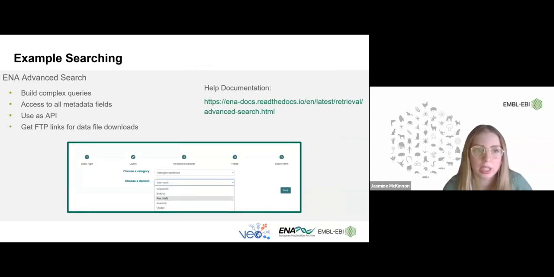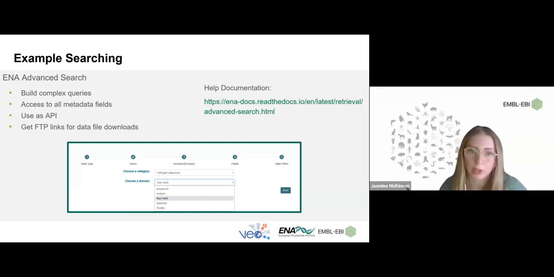And the ENA Advanced Search you can also use. Some of you might be familiar with this before. It existed before the Pathogens Portal, and it is available directly from the ENA browser, in addition to being available on the Pathogens Portal.